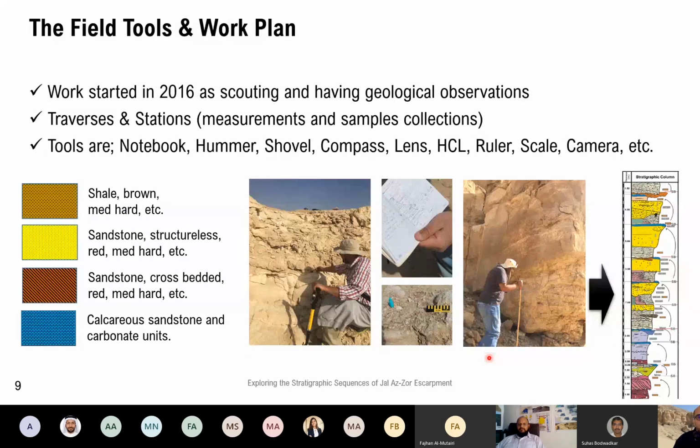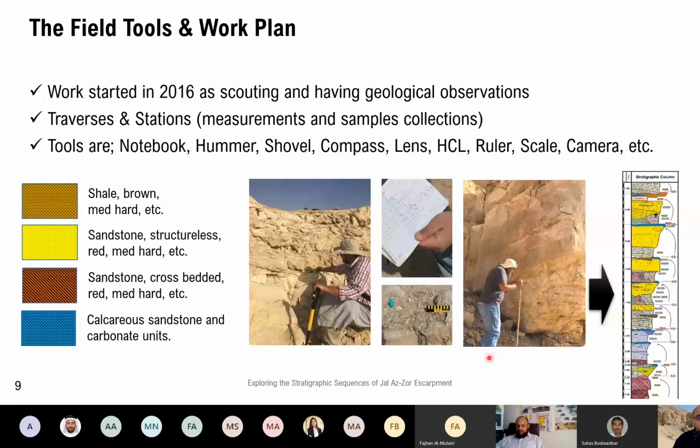For the students, it's very important to take as many things as you can with you when you go to the field, because you don't know which one you will need, like a shovel. Sometimes you are not thinking about the shovel or the lens or the camera, but you will need it when it comes to a certain unit that you need to describe.